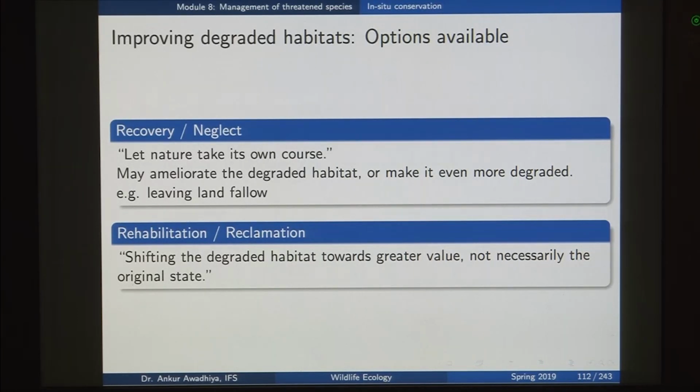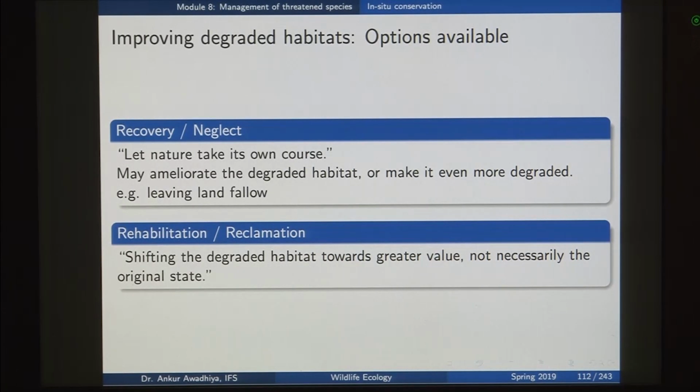These goats are eating up the herbs and shrubs in that area and converting these areas into more and more degraded areas. Now, if you do nothing to these goats, then probably this area will completely convert into a desert. So, neglect might lead to some amount of recovery, or it might degrade the habitat completely and lead to habitat loss.